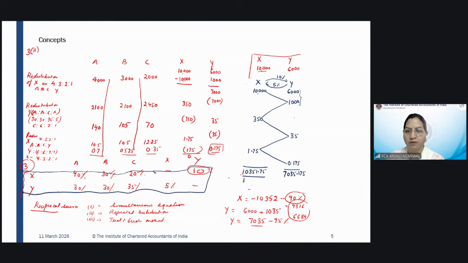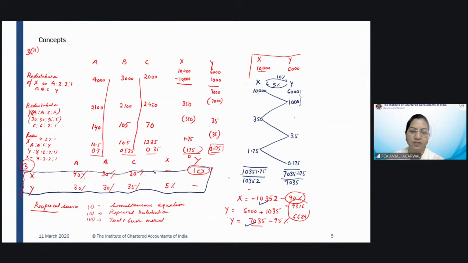So you can round this off to 10,352 and this is 7,035. So whatever we did in simultaneous equation, we get exactly the same answer, 10,352 and 7,035. Okay. So this is how you will distribute the secondary distribution.